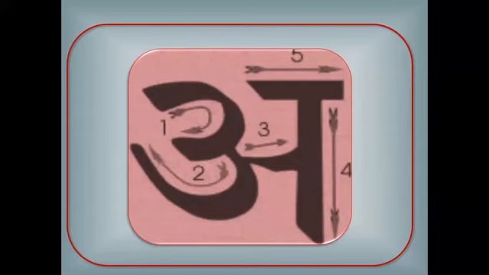Tata eva ishvarat eva charachara prapancham jayate iti. The same way this jagat, this entire world has come into existence from the Lord. So, as from the letter akara, this is A, all the other letters have come, so too the entire prapancha has come into existence from the Lord.